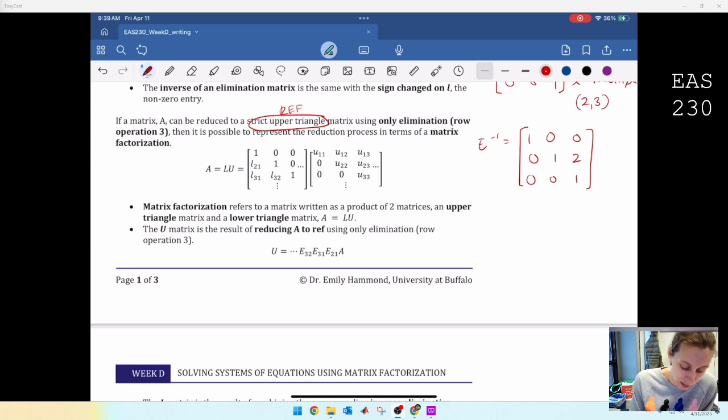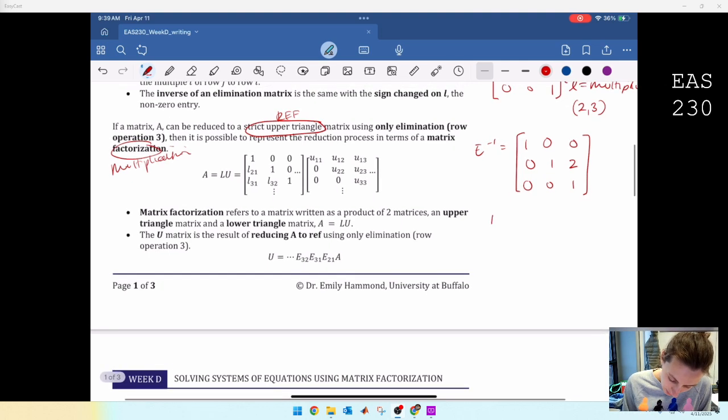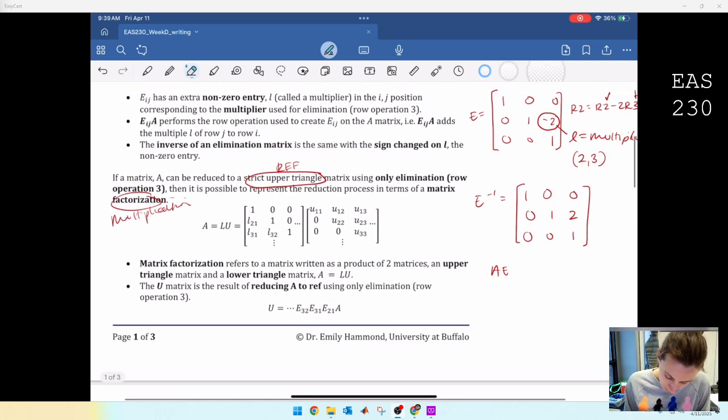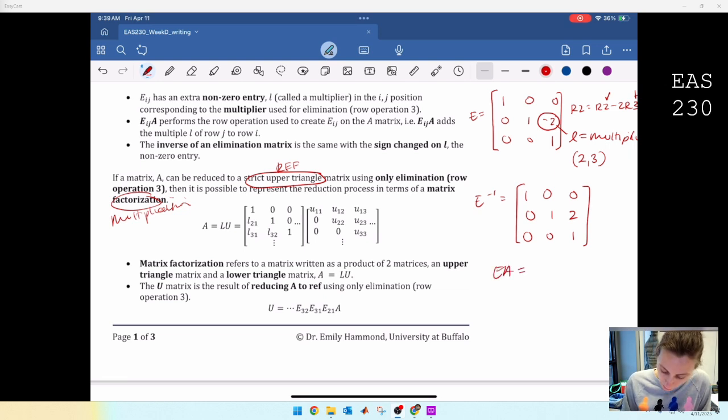Or you can think about it as multiplication. That's what it means. Factorization is multiplication between two matrices. Where if I say A times E, or E times A, my bad, wrong order. Remember, order matters in matrix multiplication. E times A, if I multiply this matrix by A, it will do that row operation for me.